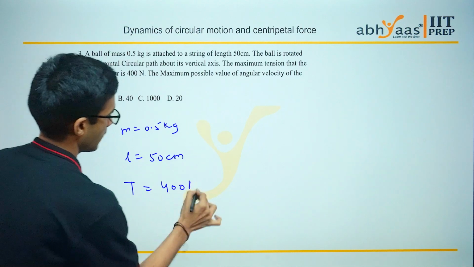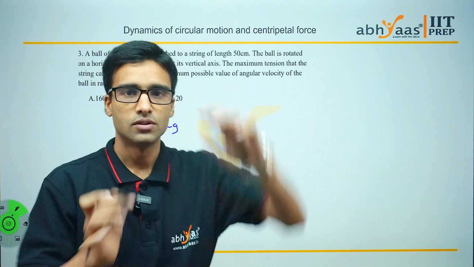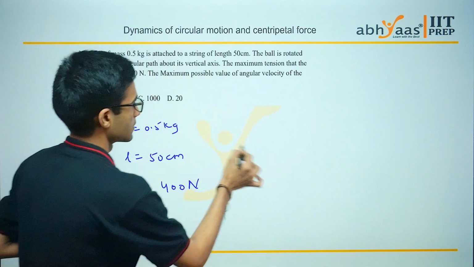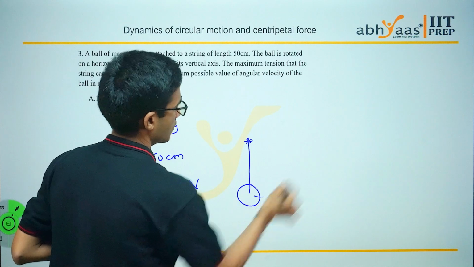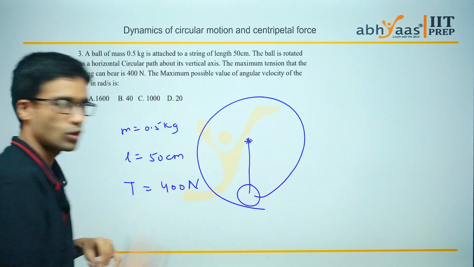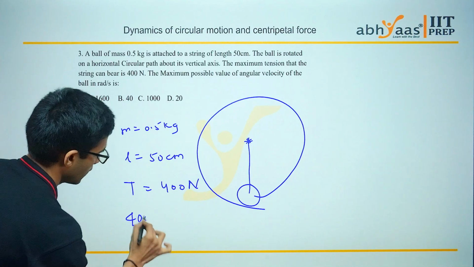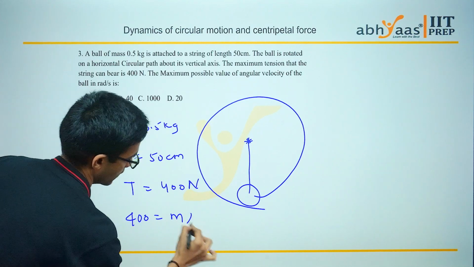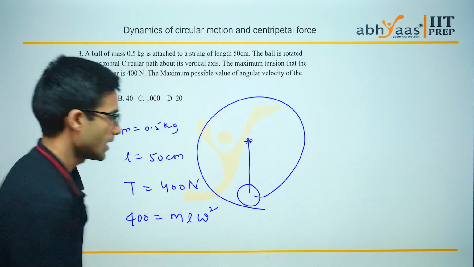Again, the ball is experiencing only tension. It is rotating like this. In order to rotate, we need what? Centripetal force. That's why 400 is equal to m r omega square. That is m l omega square, because L is the length.